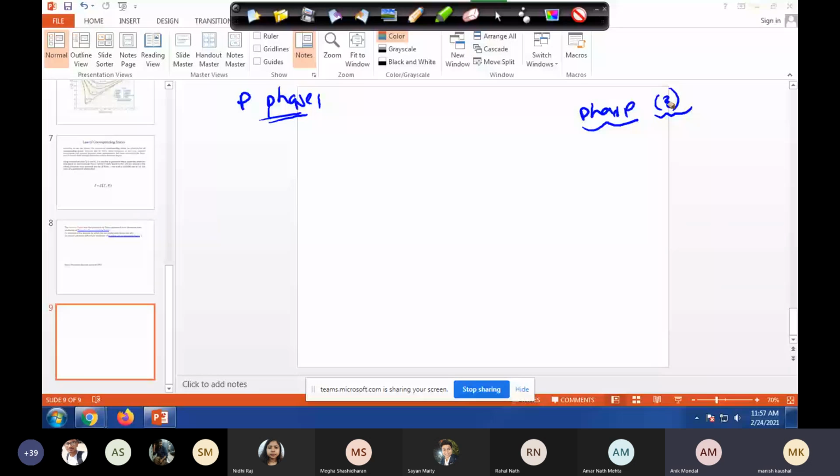I say mole fraction is X. So in phase 3, X1, X2, X3, up to XC. You agree? Mole fractions, you know, isn't it? So what will the summation of these mole fractions? 1. So for one phase, you have one such relation.